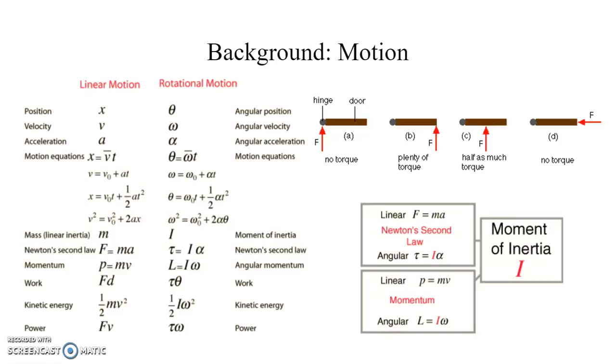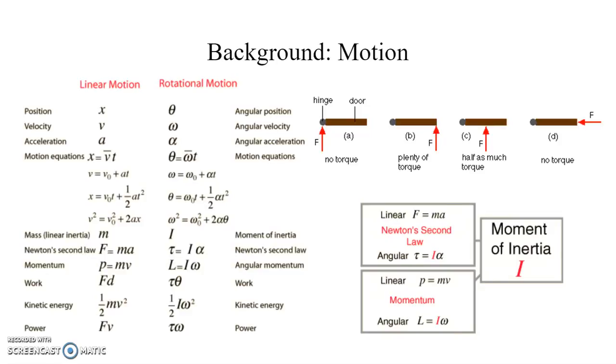If you think about pushing a door, if you were to push near the hinge or on the hinge, there would be no rotation at all, as opposed to on the other side of the door, which is represented in part B. They state that there's plenty of torque when you apply the same force on the opposite side of the hinge, but when you apply it on the hinge, there is no torque at all.